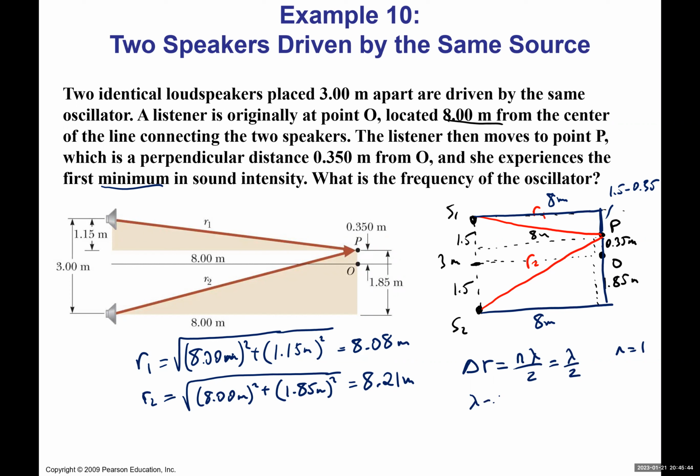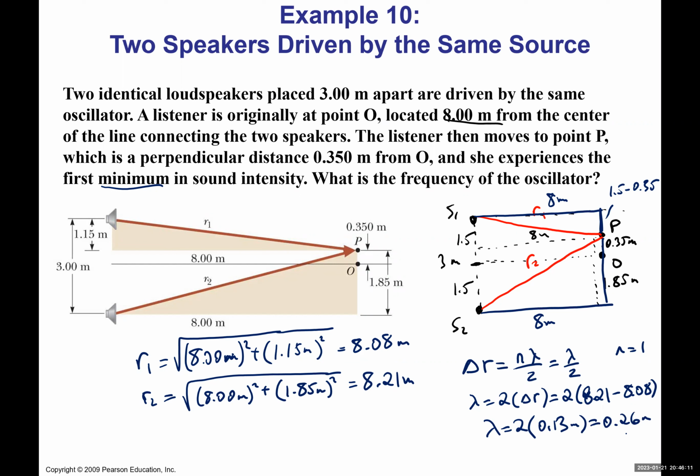So lambda equals 2 times delta R, which is 2 times 8.21 minus 8.08. Their difference is 0.13 meters, and 2 times that is 0.26 meters. So that's my wavelength.